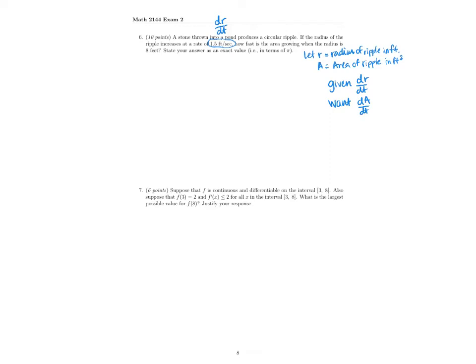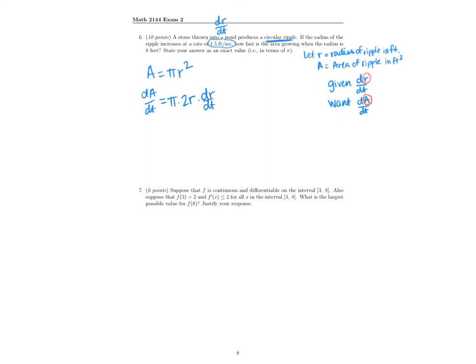What we need is a relationship between these two rates. So we'll start with a relationship between r and A, and then I can take the derivative with respect to t, and those rates will show up. If it's a circular ripple, the area of the ripple is equal to pi times the radius squared. That's just the area of a circle formula. If I take the derivative of both sides with respect to t, I'll get dA dt is equal to pi times 2r times dr dt.